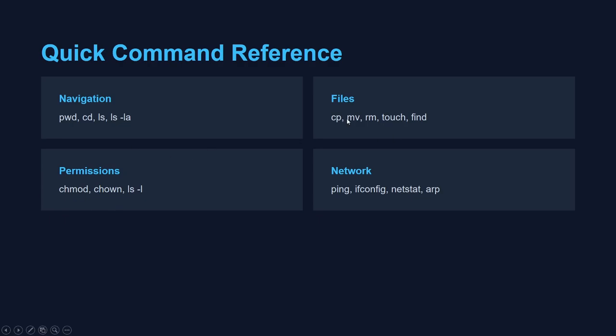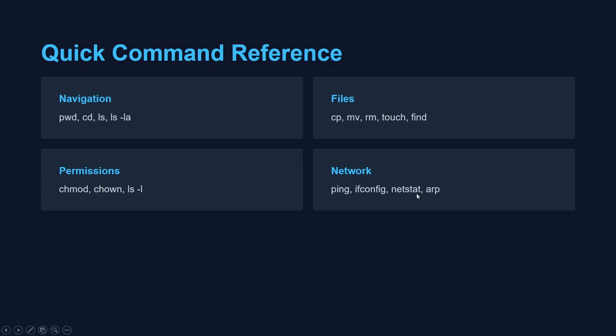We have cp, used to copy a file from one place to another, mv used to move files, rm to remove, touch to create a file, find to find, chmod and chown. chmod is important because you need to change the permissions for a file or directory. chown is the same concept, just to change the owner.